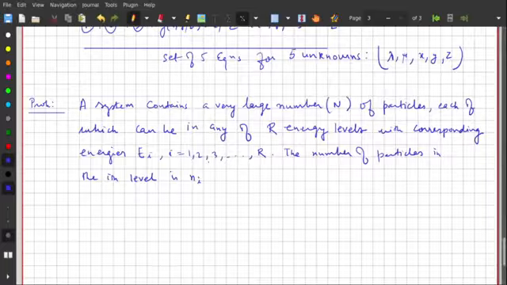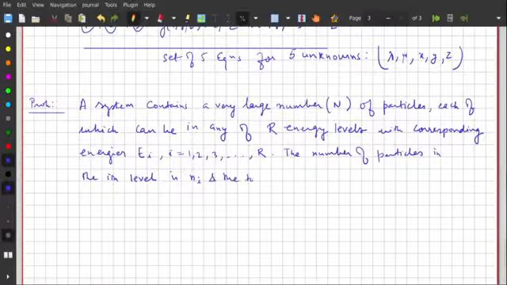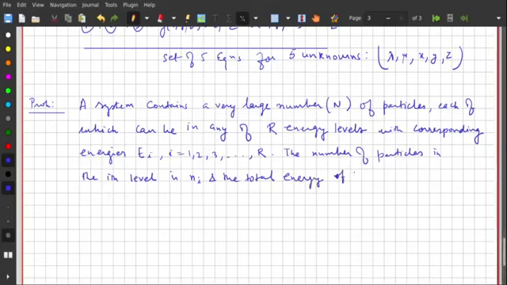That means it's n1, n2, n3, and so on for different energy levels, and the total energy of the system is a constant given by E. Okay, so that's the total energy of the system.